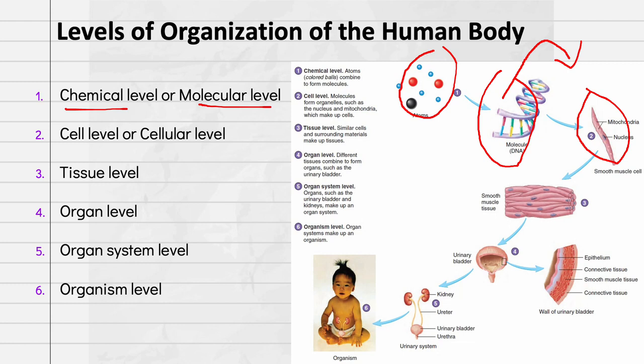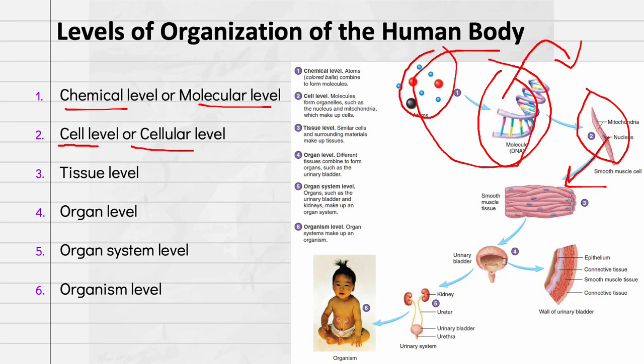So we had a chemical level of atoms and molecules joining together to form organelles, and organelles get together and function together in a cell. The cell is known as the cell level or cellular level.